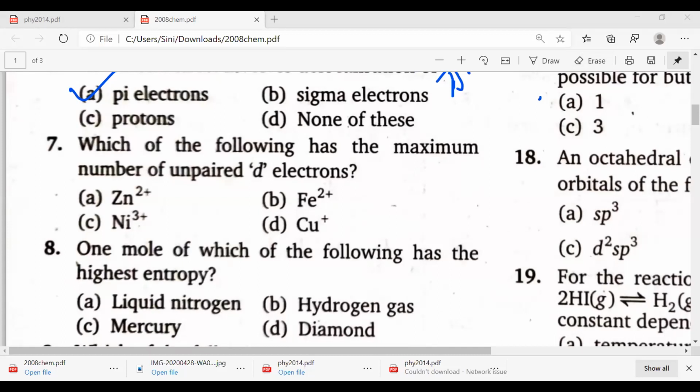Please let me know. They asked for the maximum number of unpaired electrons. If you don't know, please message me. There's a chat option. You can message me directly there. Those who do not know how to do it, please feel free to do that. Only one student from the entire batch.